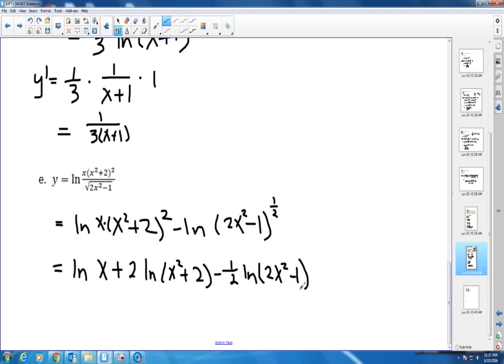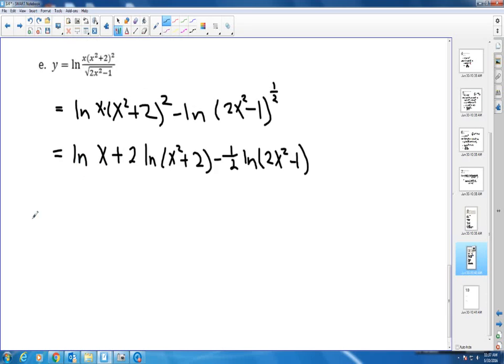Now this is a little bit easier to differentiate. The natural log of x would simply be 1 over x. The 2 is a constant, so that would be 2 times, okay, derivative of my natural log is 1 over u.